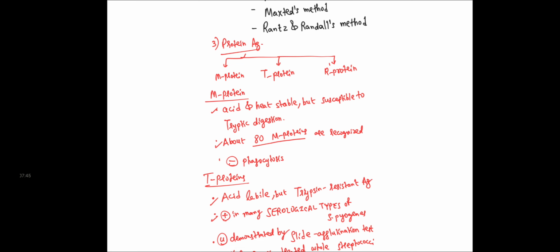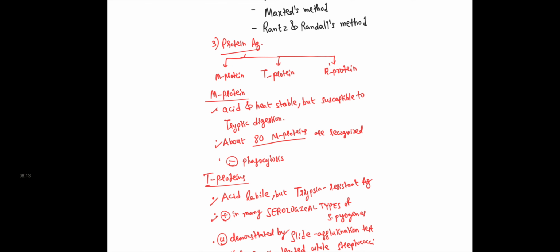T protein is acid and heat labile but trypsin resistant, and it is present in many serological types of Streptococcus pyogenes. It is usually demonstrated by the slide agglutination test.